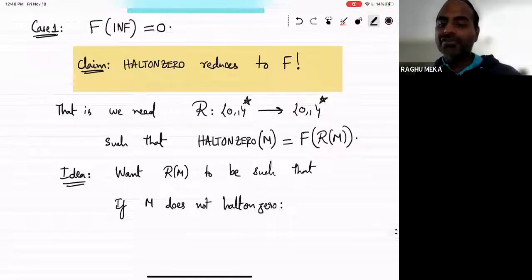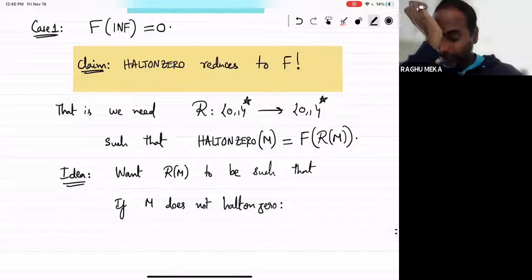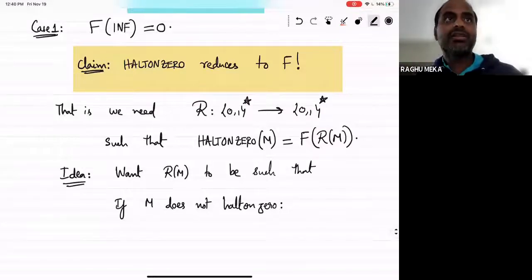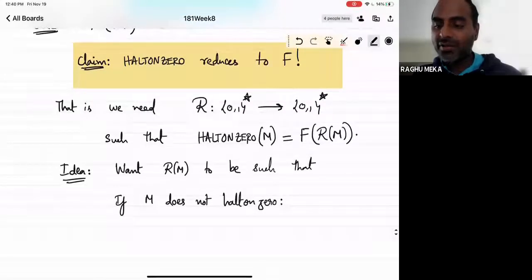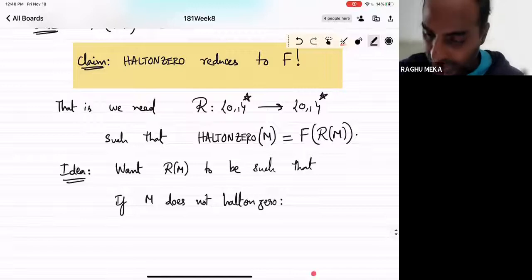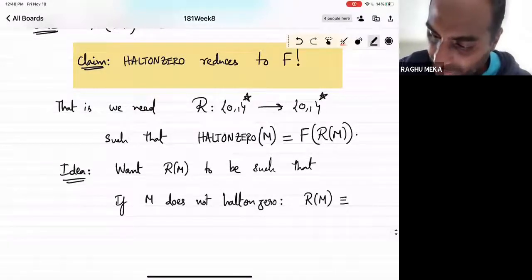Then we want F of R of M to be 0, right? It has to equal, it has to be identical. The behavior should be, we want F of R of M, the reduction, to also output 0, right? So then I'm going to say R of M should be equivalent to inf.